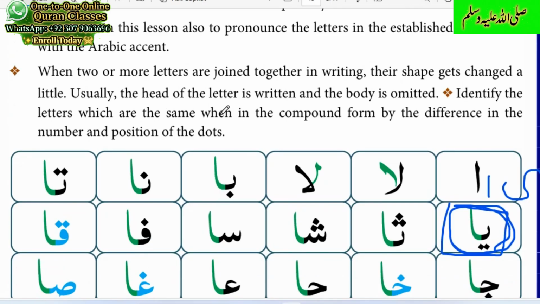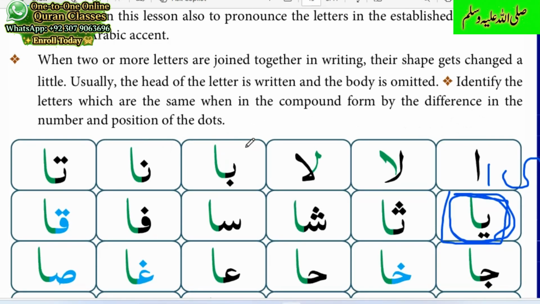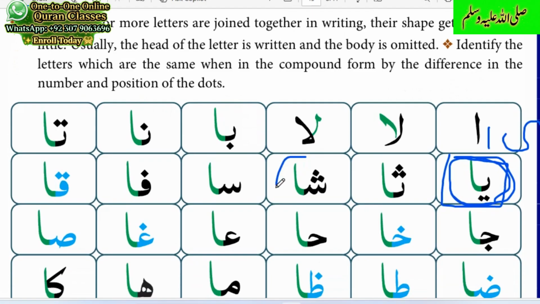Usually, the head of the letter is written and the body is omitted. Identify the letters which are same when in the compound form by the difference in the number and position of dots.